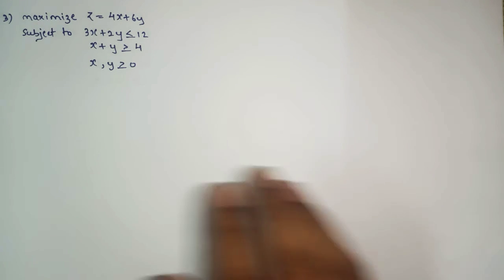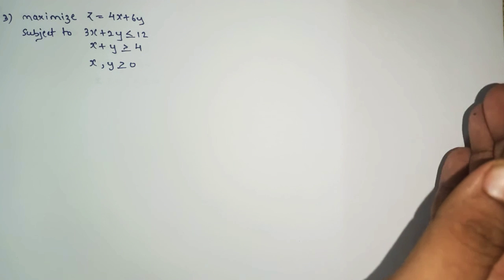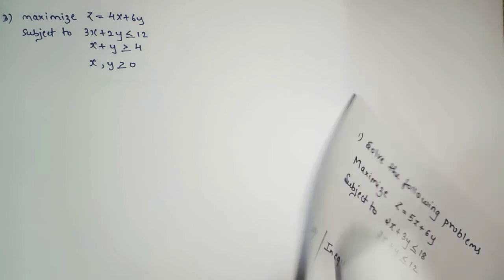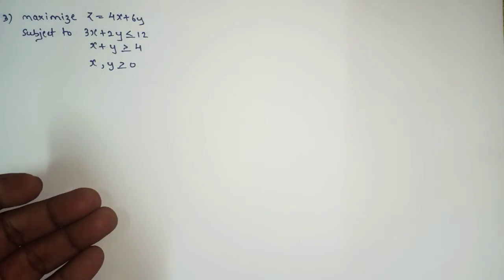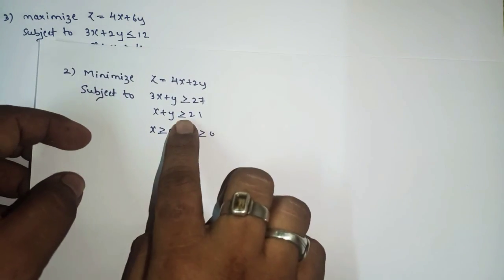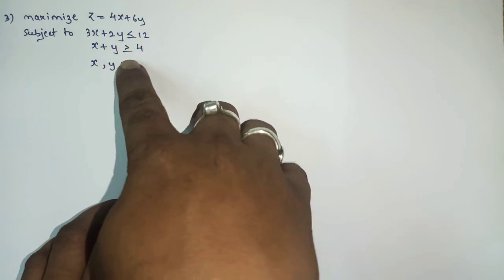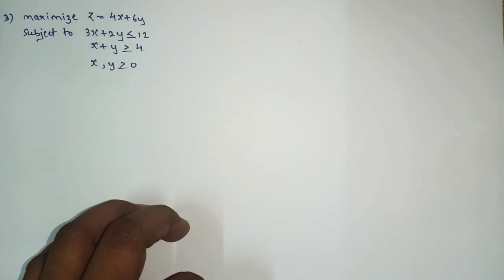In the first sum we'll see less than equal to, in the second sum greater than equal to, and in the third sum less than and greater than together.